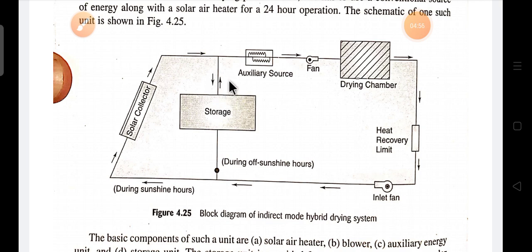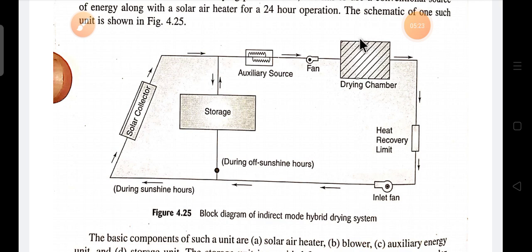Okay. After storing, the amount we need for our drying process goes through the auxiliary source, and one fan circulates it inside the drying chamber, where our product is kept.